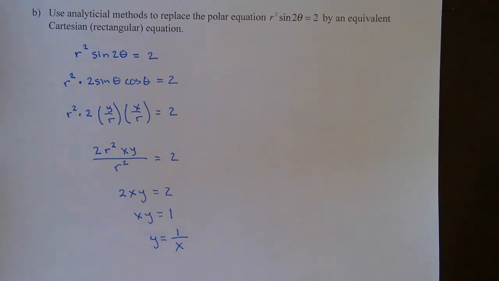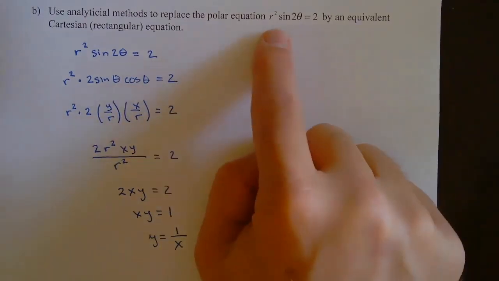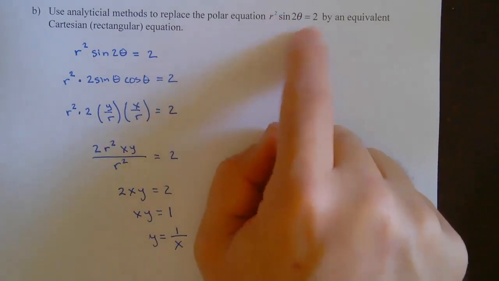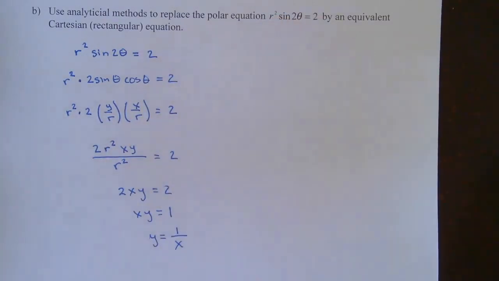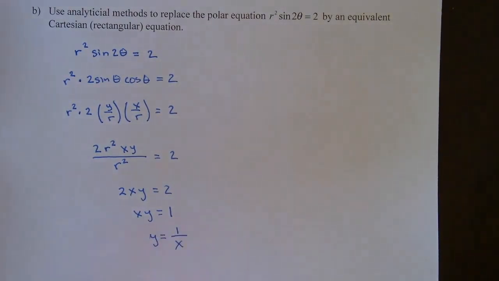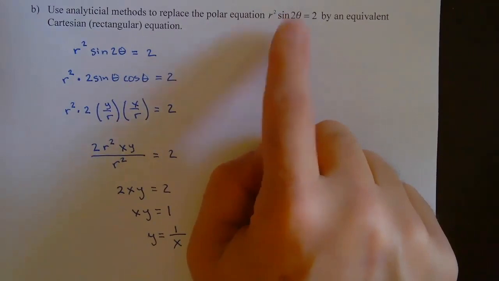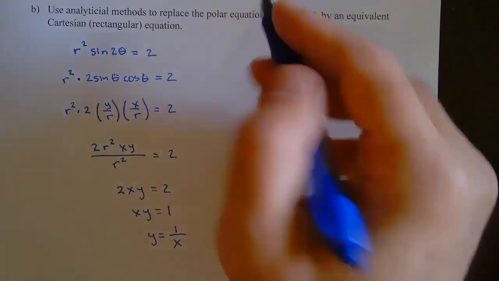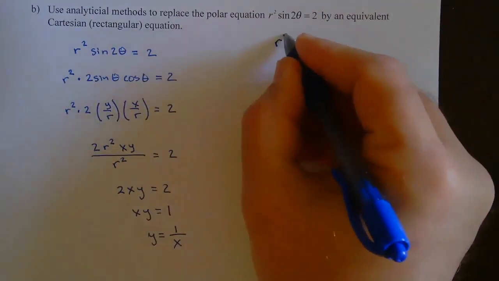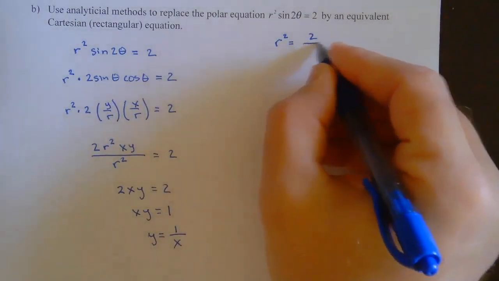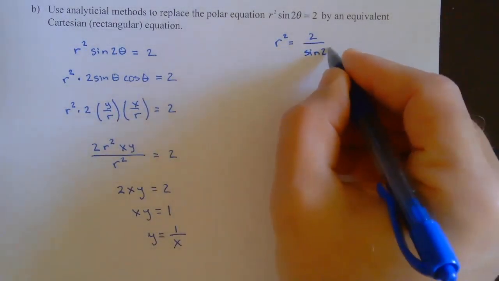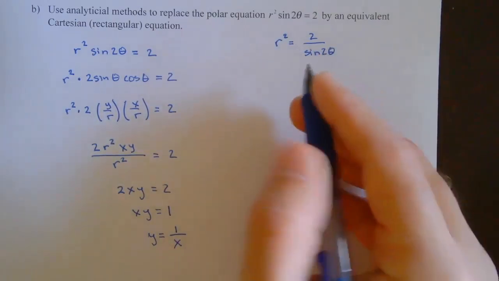Okay, if we graph this, which we really can't do directly because it's r squared, we'd have to solve this for r. So this is y equals 1 over x, and the graph would be the same. What you'd have to do is r squared equals 2 over sine of 2 theta, and then you square root.